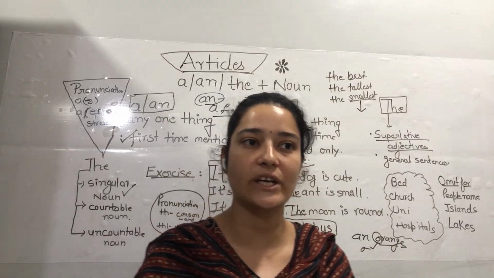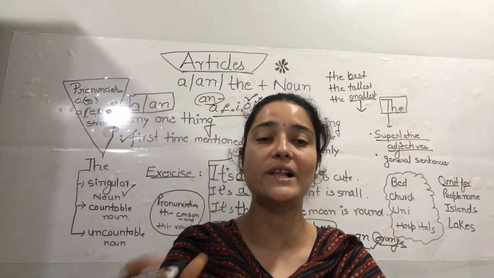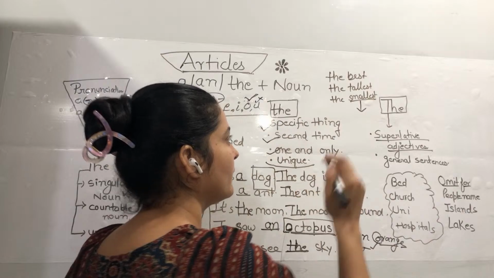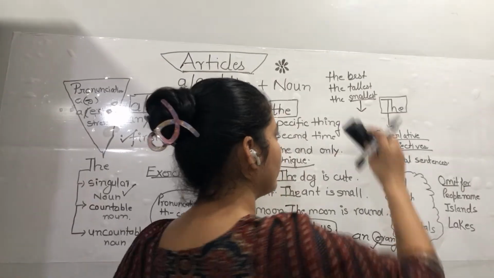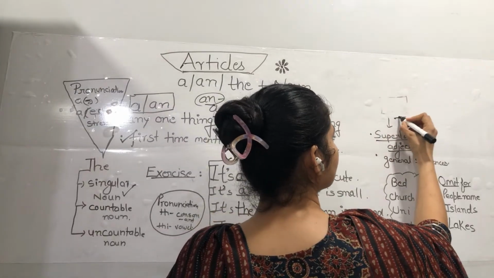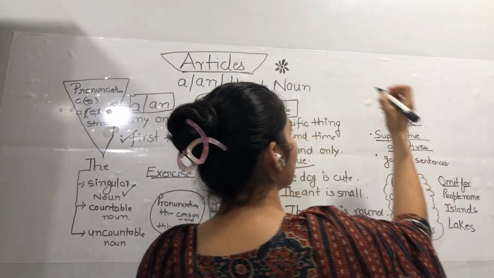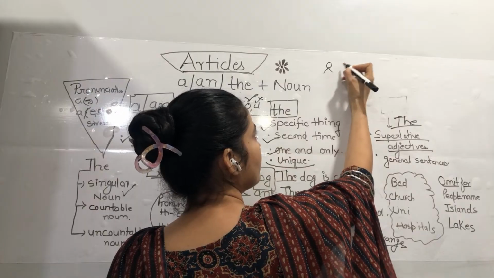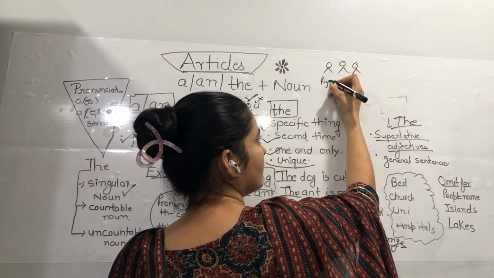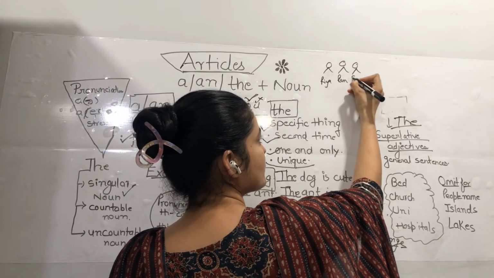So what is adjective? Adjective is a word which tells us about the quality of a noun. If we talk about taller, then for example, three persons are there: Ria, Ram, Sham.